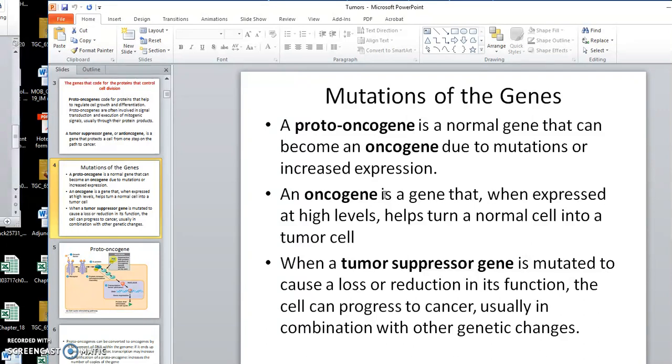Hyperplasia, too many being made. Hypoplasia, too few. So a mutation in a proto-oncogene making it less effective would give you hypoplasia. But if it made it too strong, it could give you hyperplasia, abnormal, which would then take you to becoming what we call an oncogene. A tumor suppressor gene, like an anti-oncogene, if it becomes less effective, that's when the problem occurs. It's a mutation.